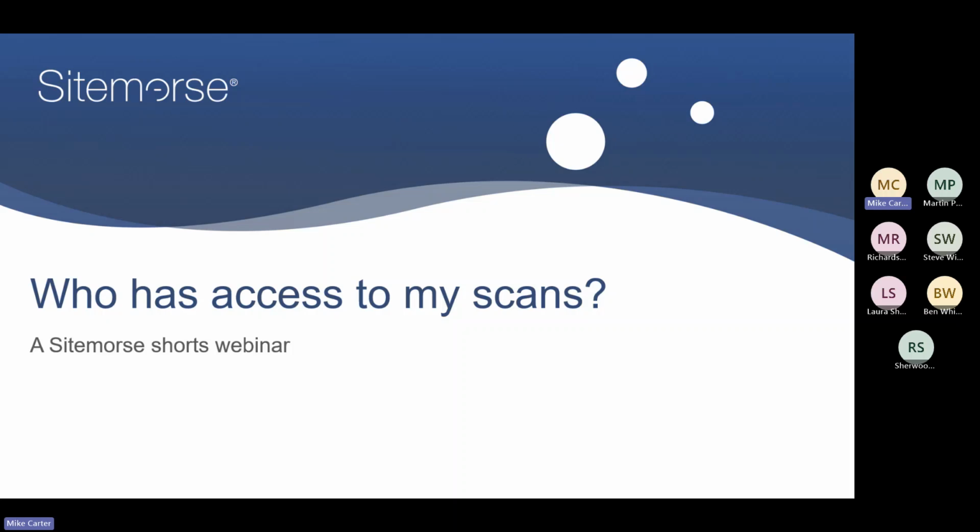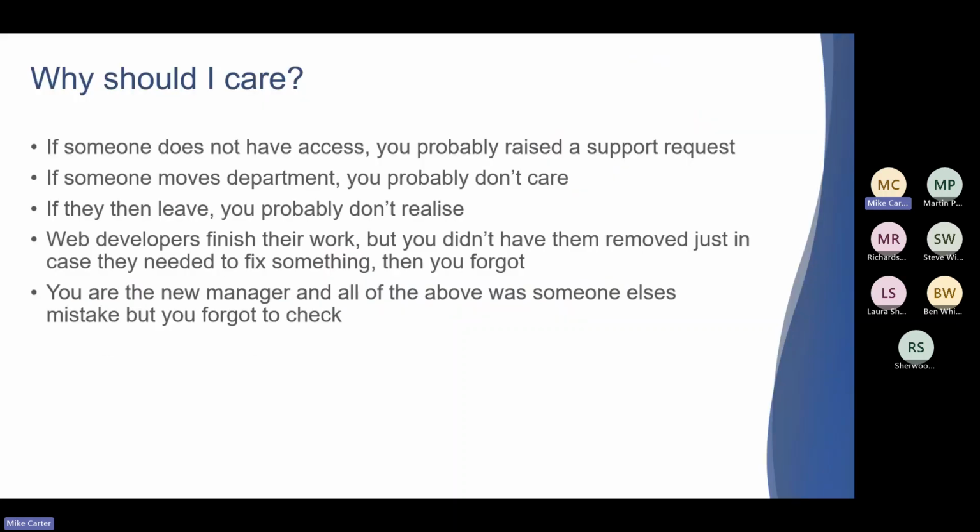Like every presentation you ever go to, you should make sure that the presenter tells you why you should care about it, because if the presenter can't do that, you should probably go and do something more useful. But why should you care about this?